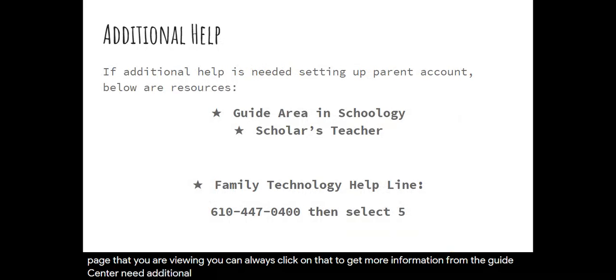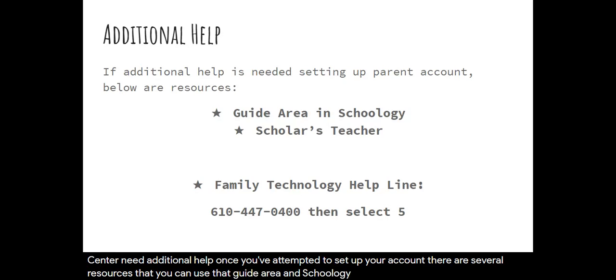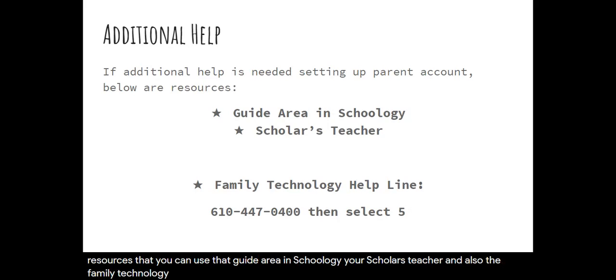If you need additional help, once you've attempted to set up your account, there are several resources that you can use: that Guide area in Schoology, your scholar's teacher, and also the Family Technology Helpline. That number is 610-447-0400. Then when you connect, you need to select the number 5.